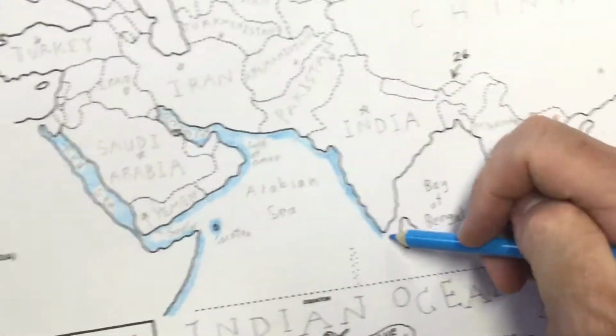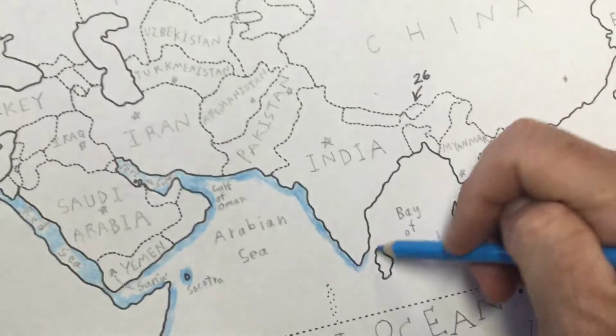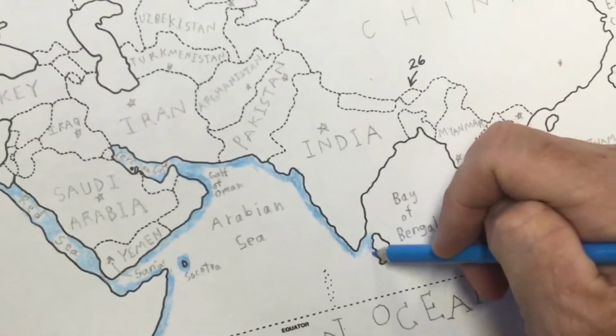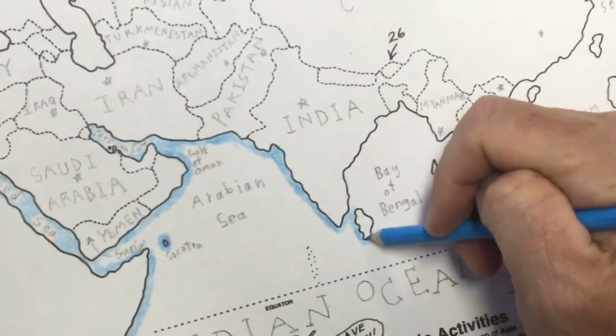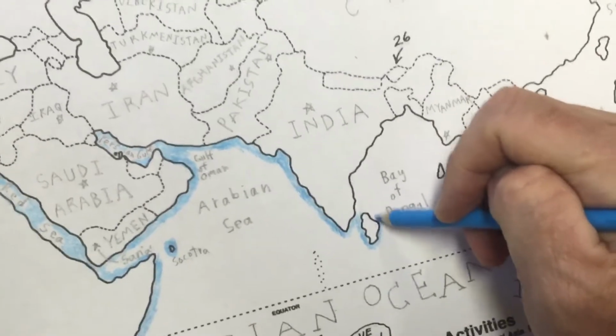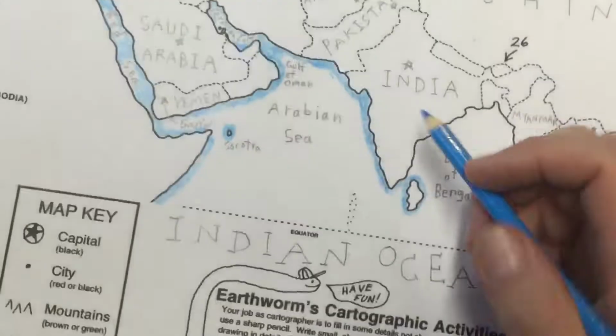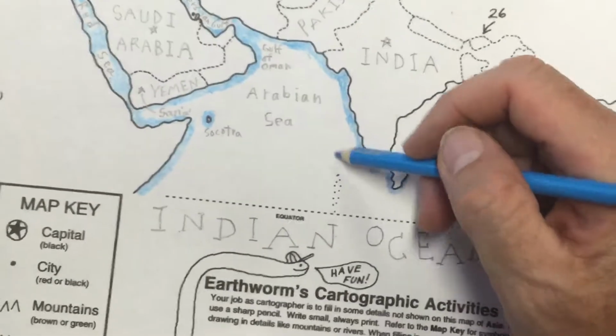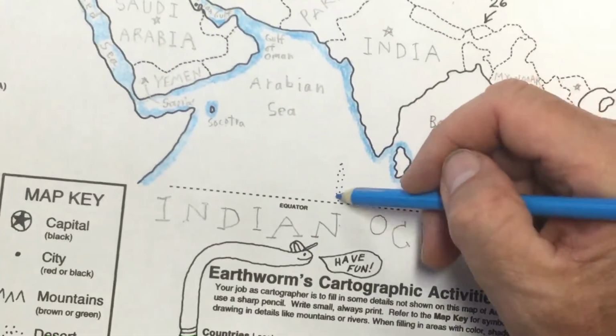Okay. As I get down to the tip of that peninsula, there's a big island right there, so we can go around that island. A little bit of blue like that. You don't have to put too much. If you look really closely, there's actually a grouping of islands right here.